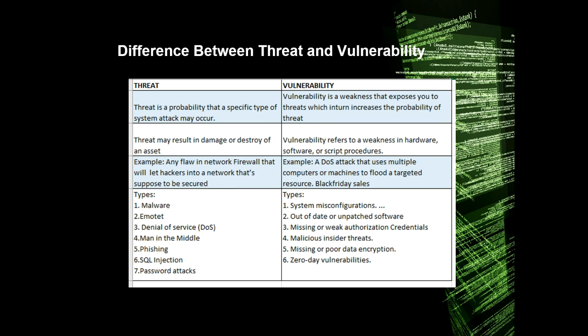Man in the middle: an attacker who manages to place himself between two parties communicating with each other in the network. Phishing, this is a common word. A suspicious or fake email is an example of phishing. SQL injection: inserting false or harmful code into the SQL server. Password attacks: guessing a password or gaining access to the password.